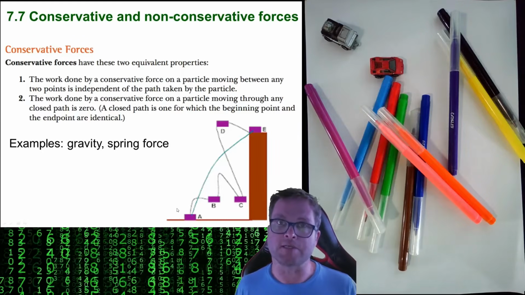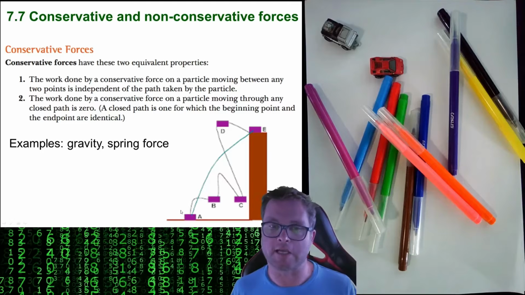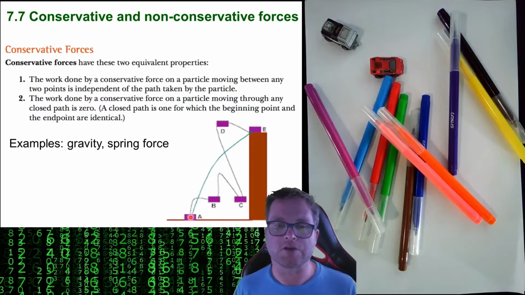A second option is that we could take it on a lot longer path. So we could start at point A and then move it up to point B, then move it all the way up to here, stop at point C, go all the way around, even higher than the bookshelf, and then finally bring it to the top.